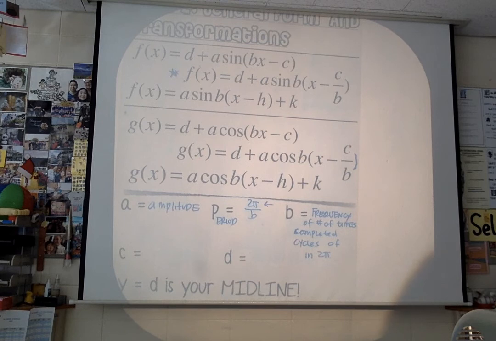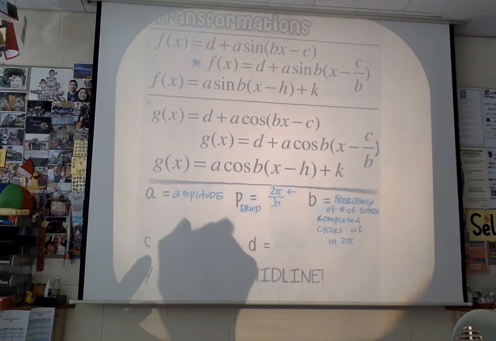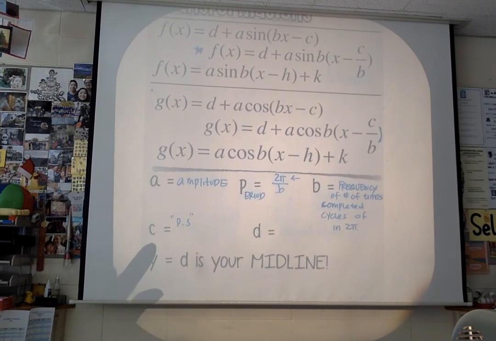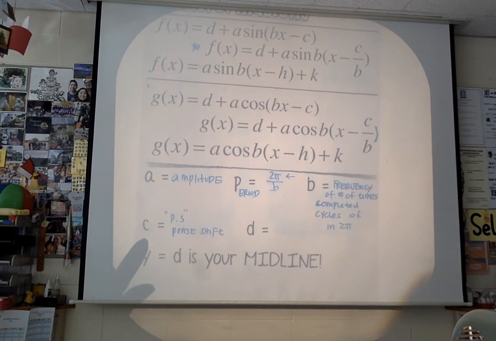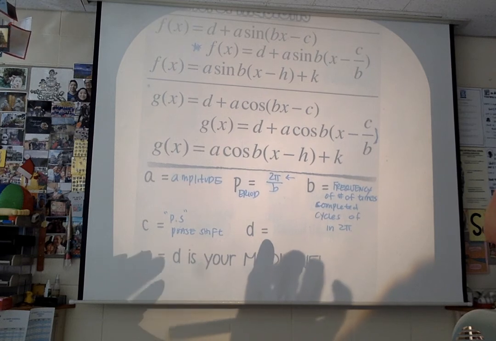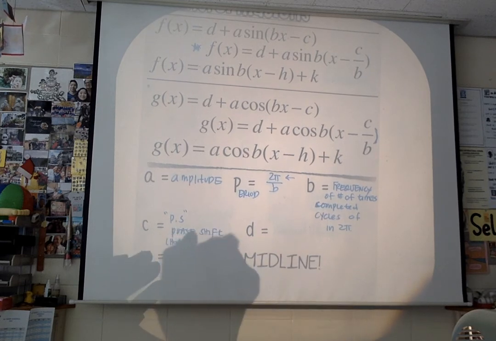The b will tell you the number of times that you'll see the complete cycles, okay? C is your phase shift. We're going to call it PS, phase shift. These notations we're going to have to use for the rest of the time that we graph. And c is your phase shift or your horizontal shift, right?